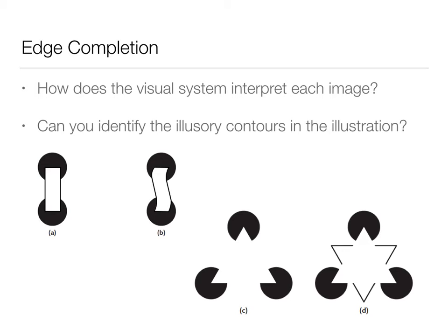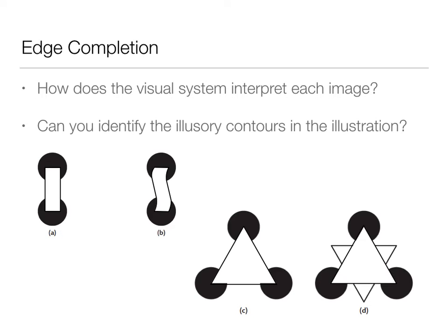C is the famous illusory contour, where we're perceiving a triangle on top of three circles instead of just three Pac-Man shaped objects. We perceive this triangle even though it's technically not there. And that's even true of D. We don't look at D and say, oh, I think it's three Pac-Mans and three Vs. No, we say it's a triangle on top of a triangle.